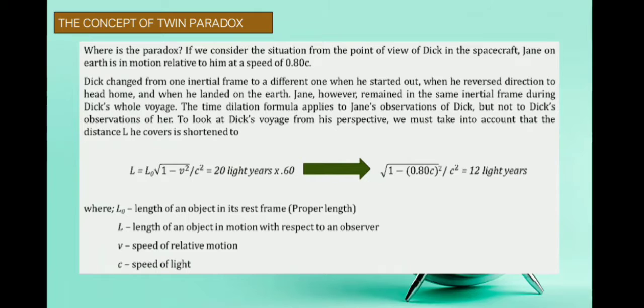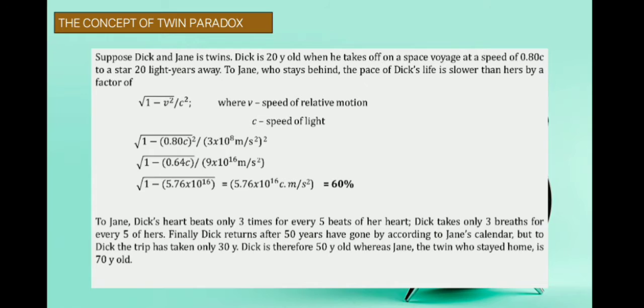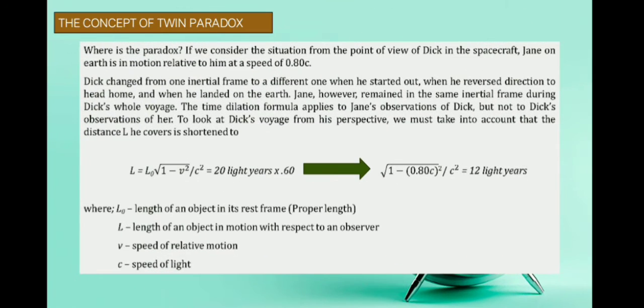From what we calculated before, which is the rounding of the 5.76 times 10 raised to 16, almost 6, 60% of the 20 light years distance is actually 12 light years. So the distance he covers is not 20 light years but shortened to 12 light years.